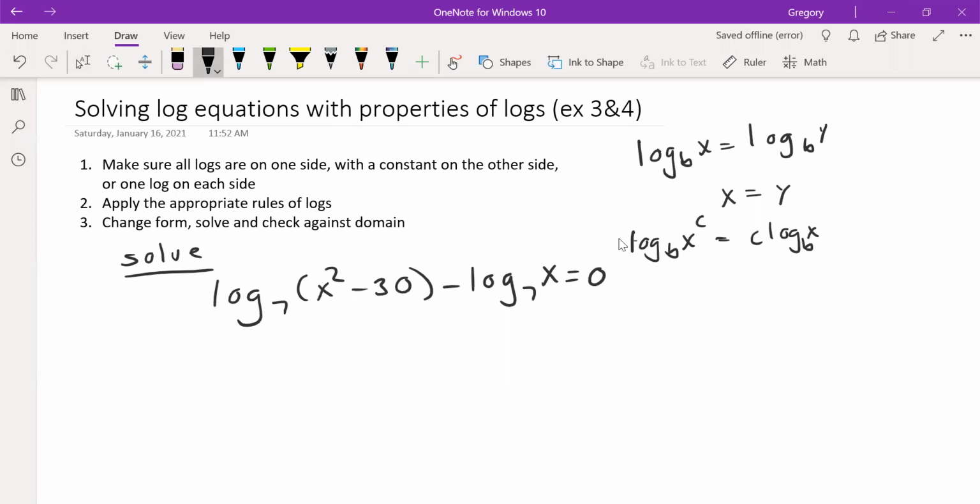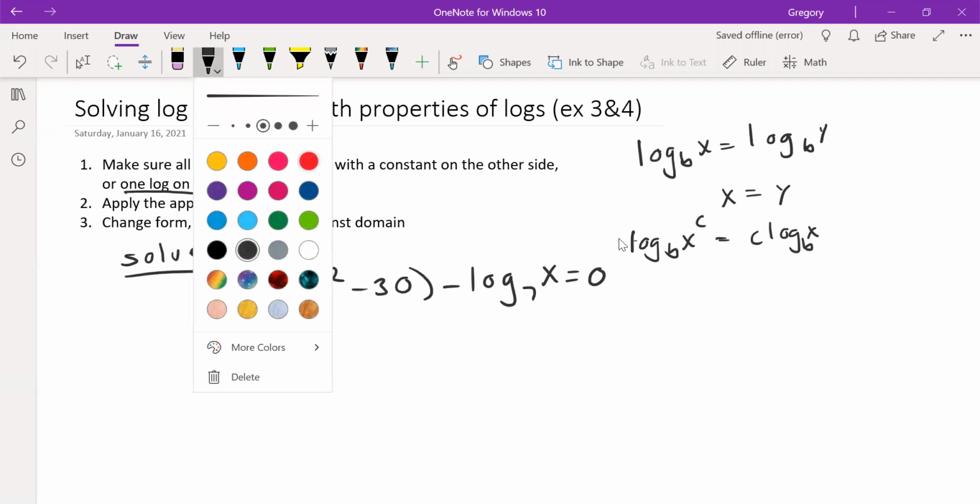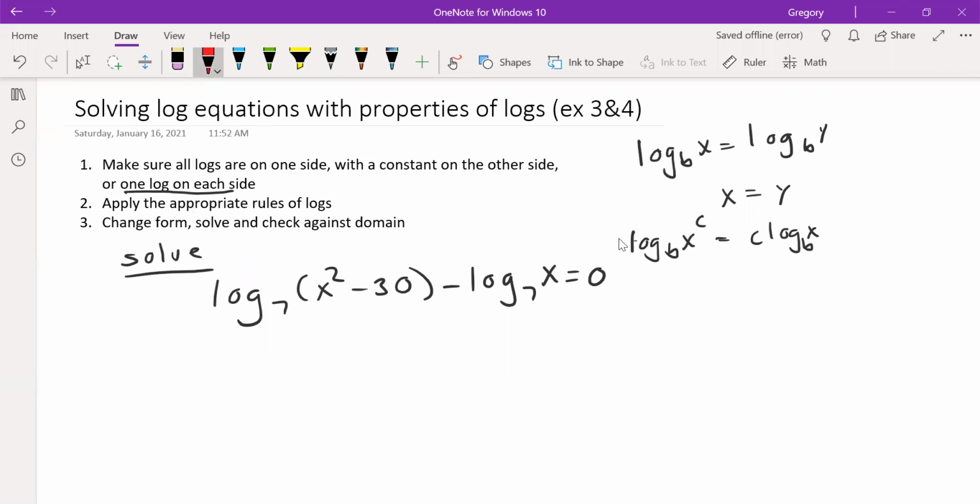The difference here is that I can have one log on each side. If that's the case, what I'm going to do now is move this log to the other side. I'm going to add it.